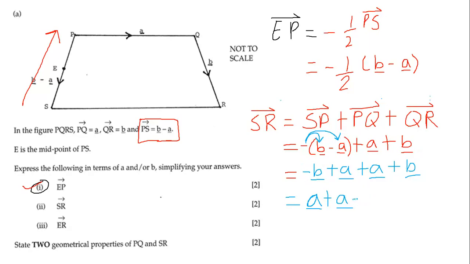So we have negative B bar plus B bar. And it's going to be equal to A bar plus A bar is going to be equal to 2A, and negative B plus B. Now, what is negative B plus B?